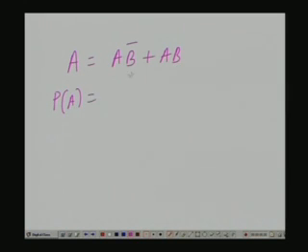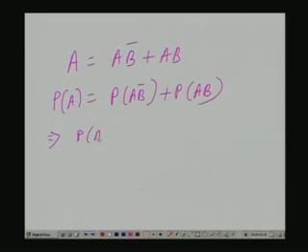So, I apply that axiom. Okay. But this is given to be this P A equal to P B equal to P A B. I am assuming that is given, that means these and these are same, which means P A B bar equal to 0.